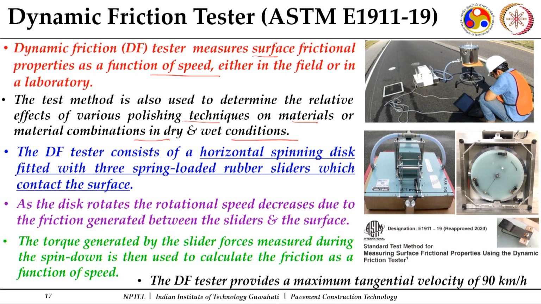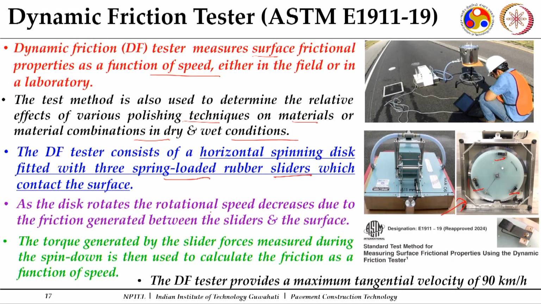This is a bottom view of the dynamic friction tester, and you can see 3 rubber sliders. The dynamic friction tester consists of a horizontal spinning disc fitted with 3 spring loaded rubber sliders; it is rotated to the desired speed and then lowered down.